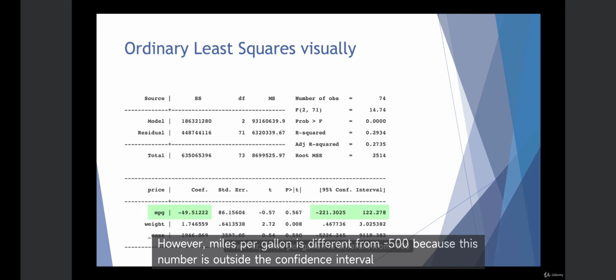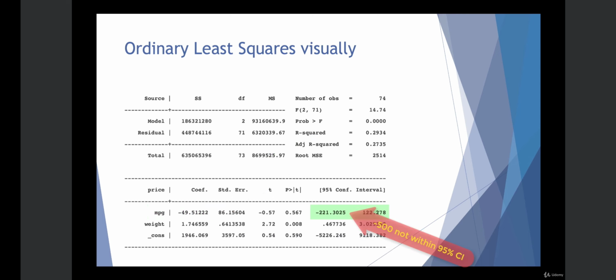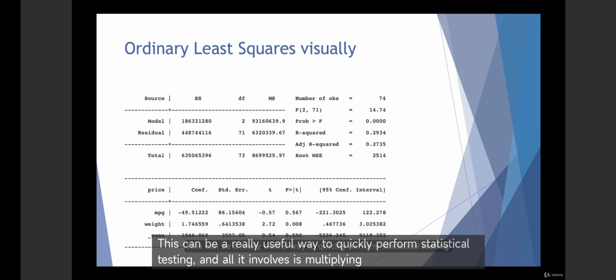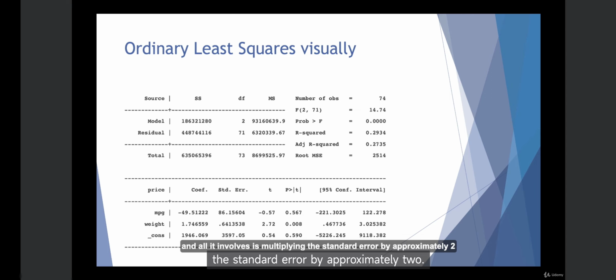However, miles per gallon is different from minus 500 because this number is outside the confidence interval range. This can be a really useful way to quickly perform statistical testing, and all it involves is multiplying the standard error by approximately 2.